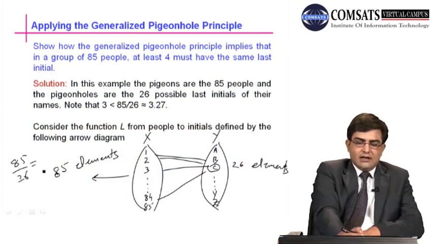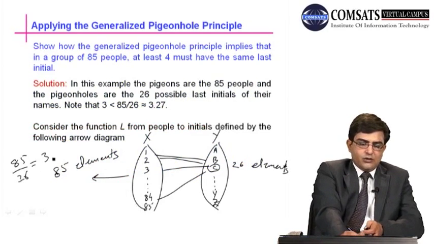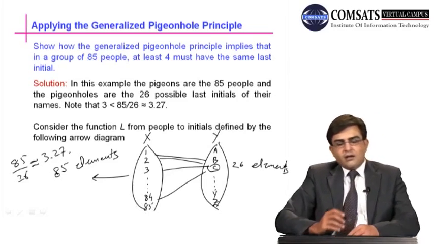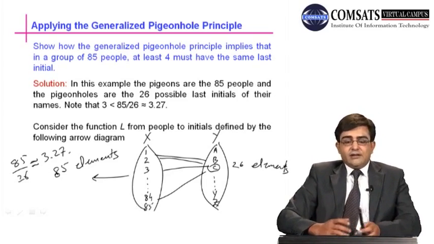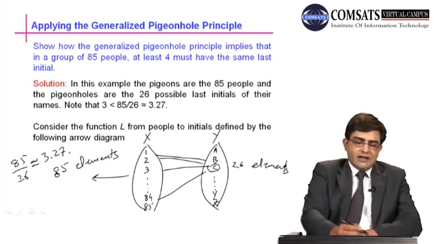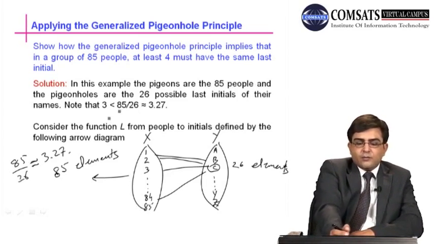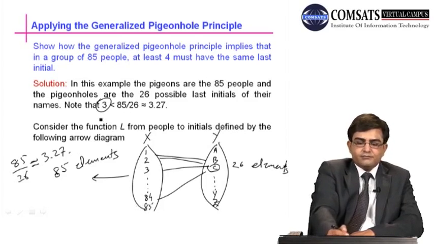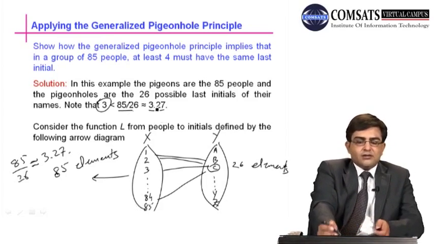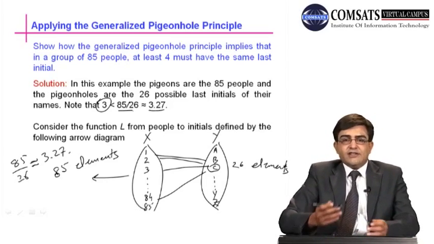What it gives us is approximately 3.27. So there must be some integer k which is less than 85 by 26. The integer which is less than 3.27 is obviously 3.